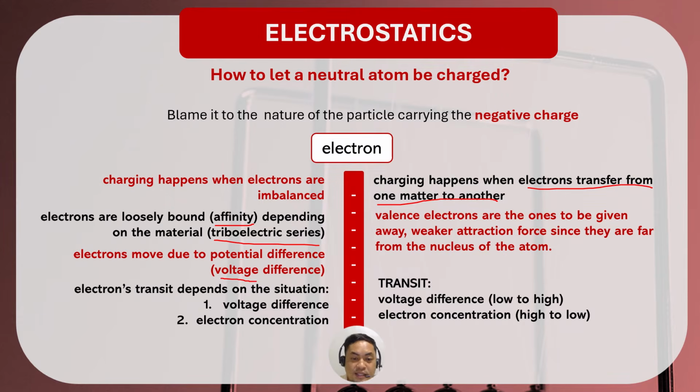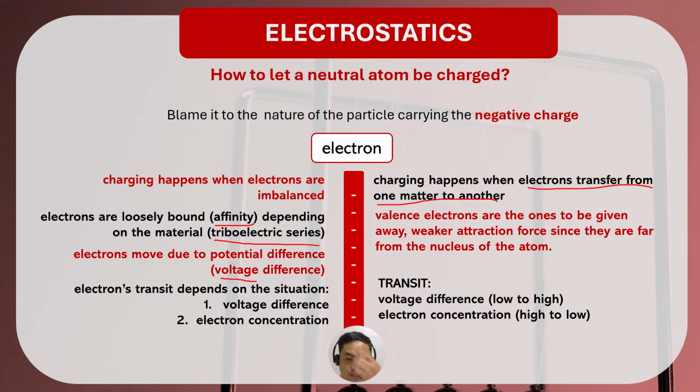When we focus on voltage difference, the movement of electrons is from low voltage potential to a high voltage potential. And when we focus on electron concentration, the number of electrons, the electrons will move from high concentration of electrons to low concentration of electrons. Again, these two are just the same thing.